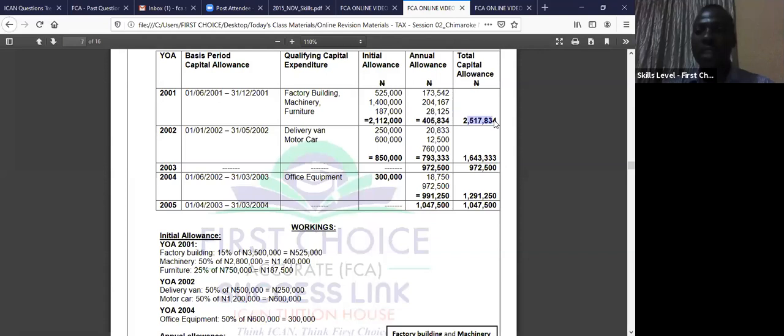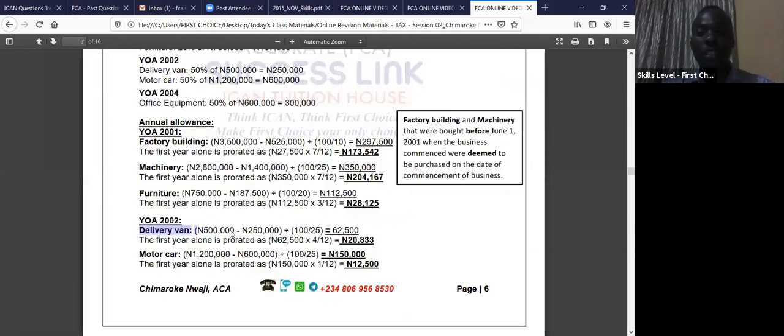Then the delivery van in 2002, that's the first year we started using it. This is the initial allowance, and this is the cost. This is the initial allowance we calculated, which is this figure here. Now, 100 divided by 25, which is 4 years.